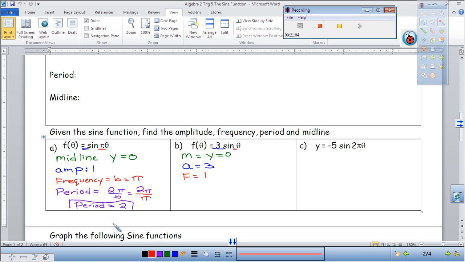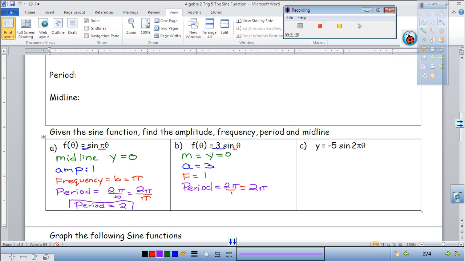Right, the B value is 1. So 1 times theta is theta. So the frequency is 1. So then our period equals 2 pi divided by 1, which is just 2 pi. Any questions over that?